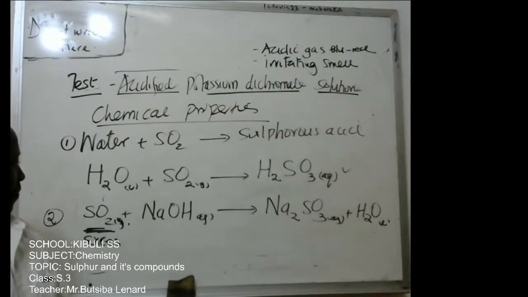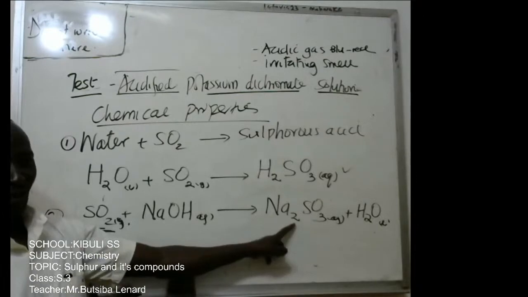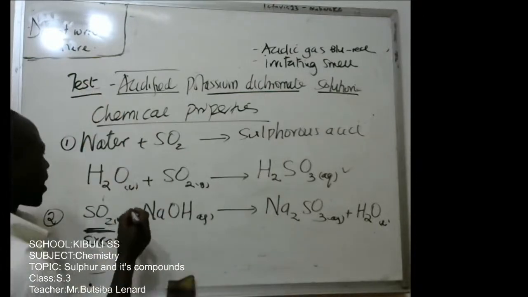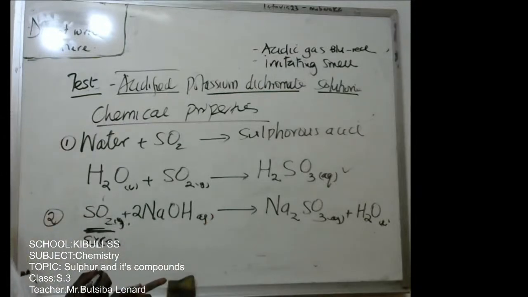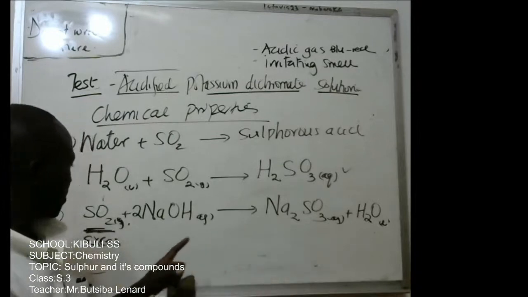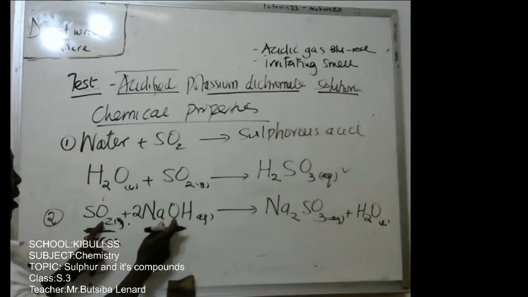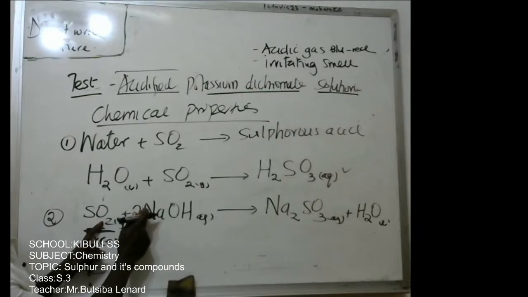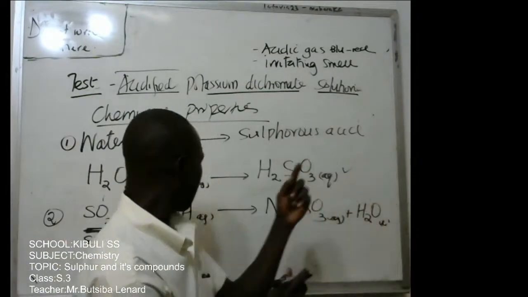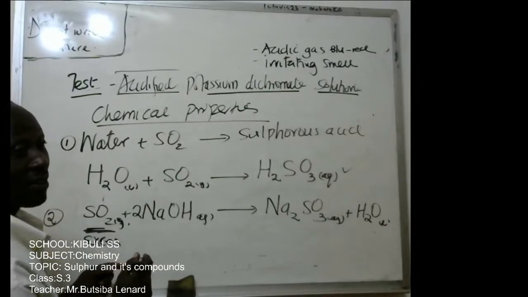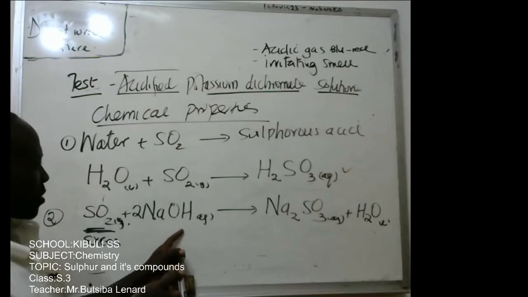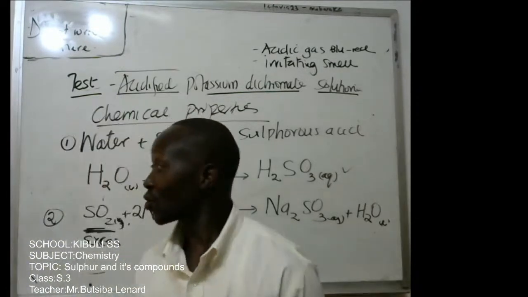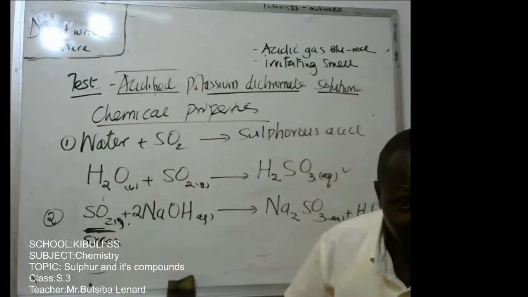Here is 1, and this is 2. You don't hesitate, quickly you put a 2 there. Now you check again. Sodiums, 2 and 2. Oxygens are 4 in total: 2 plus 2 is 4, 3 plus 1 is 4. It has worked out. When you check hydrogens, there are 2.